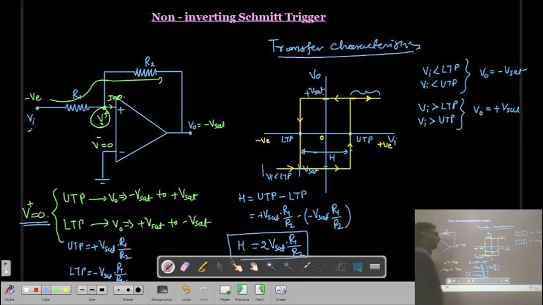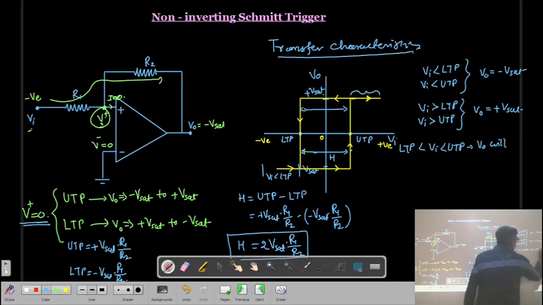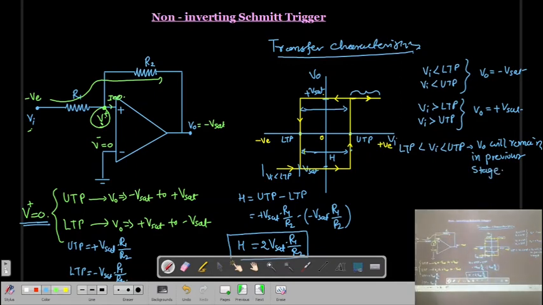And between these two points, where the input voltage is between the LTP and the UTP, the output will remain in the previous state. It will not change the state. Okay? So this is about the non-inverting Schmitt trigger.